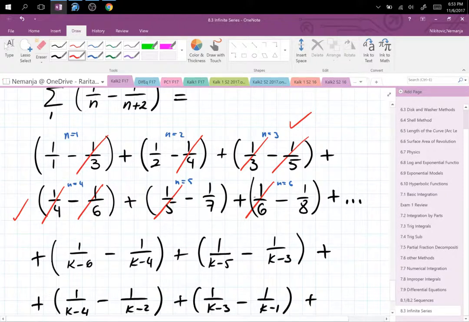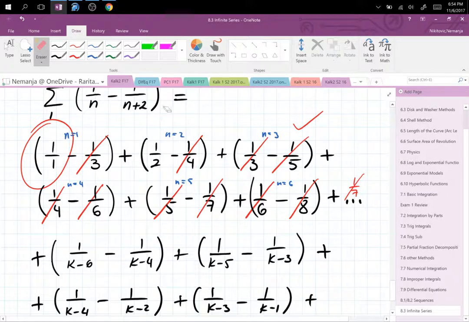Now, what's after 1 over 6 over here? 1 over 7, right? That one will cancel with this one. And then the next one after 1 over 7 is? That one will die as well. So as soon as you reach a first term that cancels both inside, you are done. The rest will all cancel. Look what survived. This and this survived. Everything else canceled to infinity.